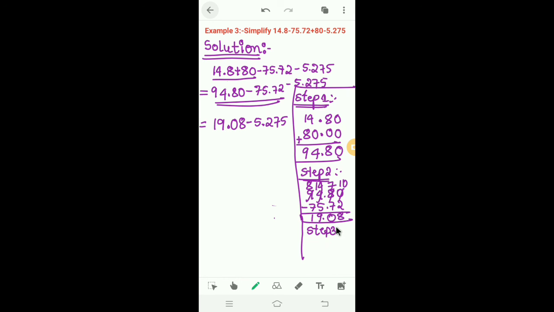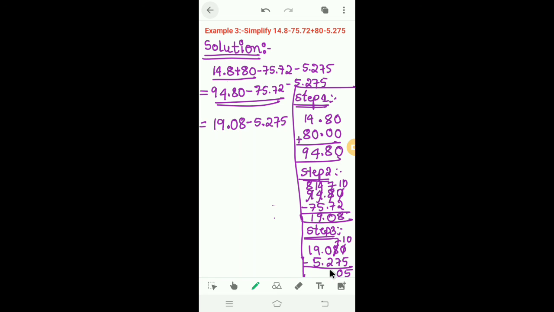In the third step we have to subtract 5.275 from 19.08. 0 minus 5, is it possible to subtract? No. So we have to borrow from the next number. Your next number is 8. If you borrow from 8, then 8 becomes 7 and here 0 becomes 10. 10 minus 5 is 5. 7 minus 7 is 0.